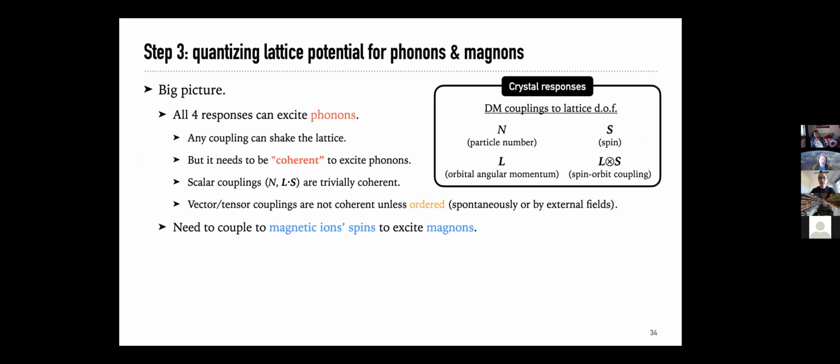Sorry, you said that L dot S is obviously a scalar, but is it really obvious that it's coherent in a material? Maybe that's not important, but I wonder if I'm missing something. Yeah, coherent only means that the coupling is the same between one cell and another cell, if it's the same type of ion, and L dot S is basically a scalar charge.